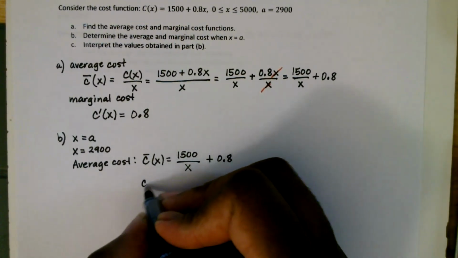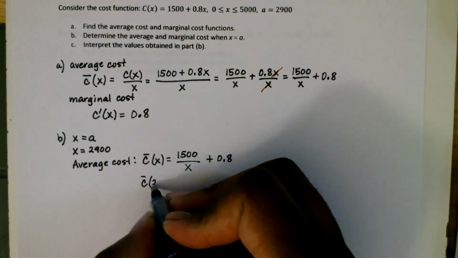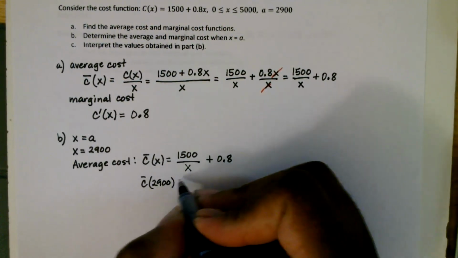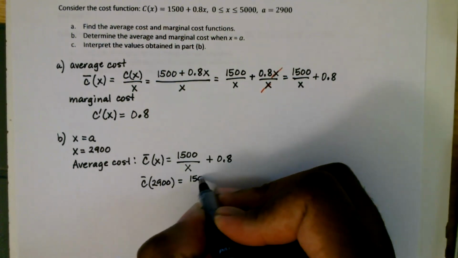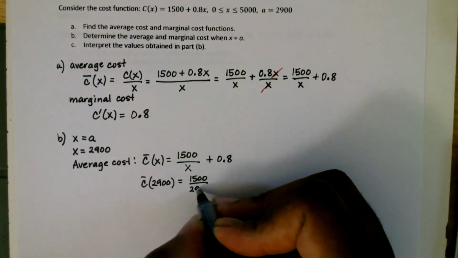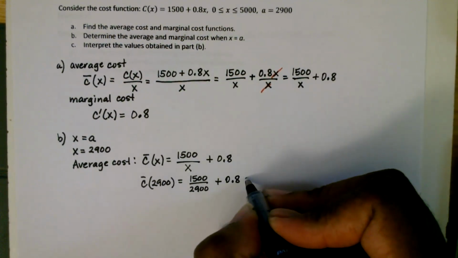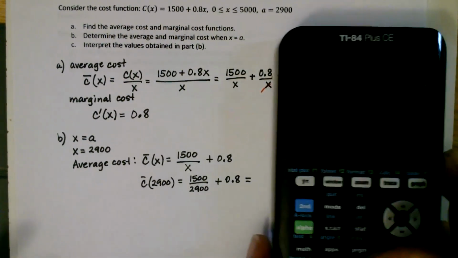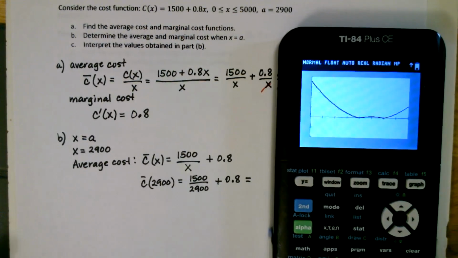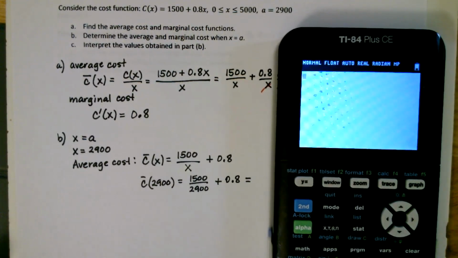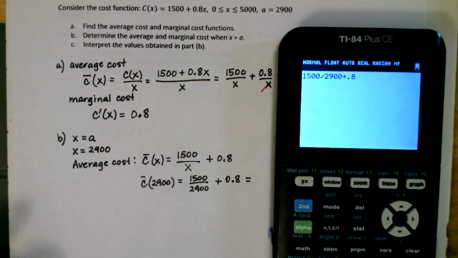And then let's do our substitution. C bar of 2,900 would be 1,500 divided by 2,900 plus 0.8. I'll go ahead and show this to you on the calculator.